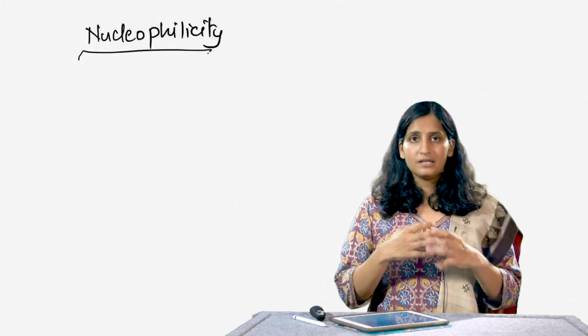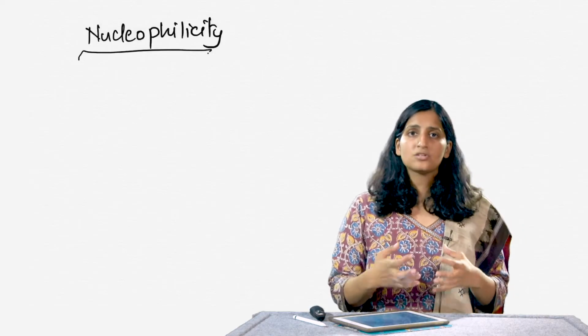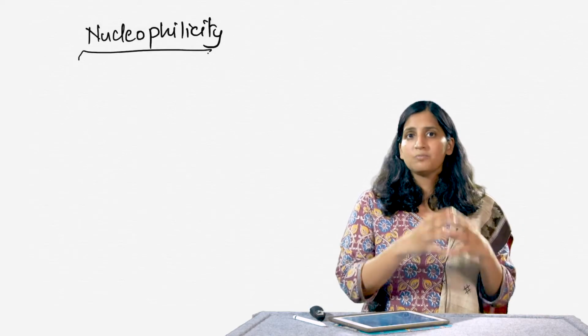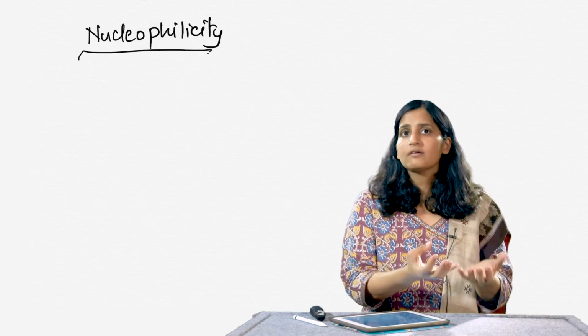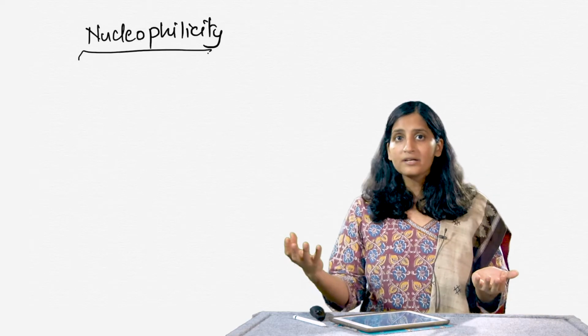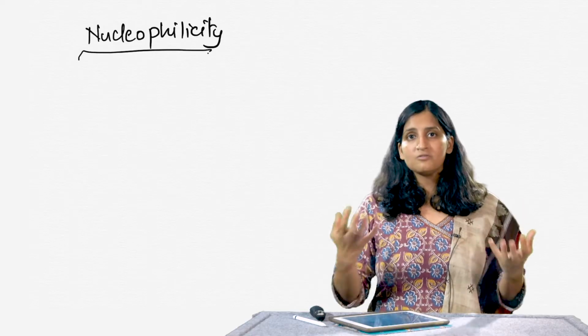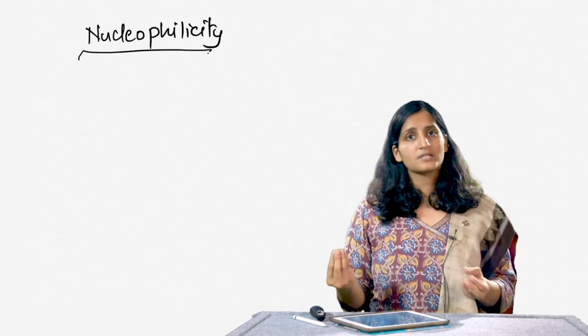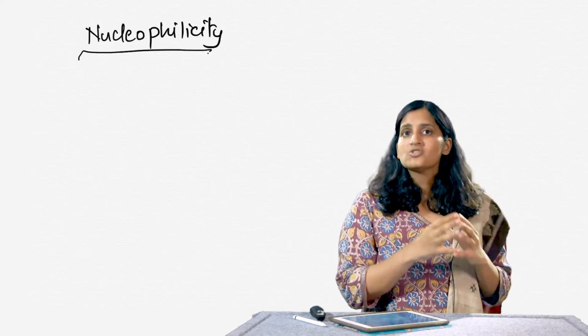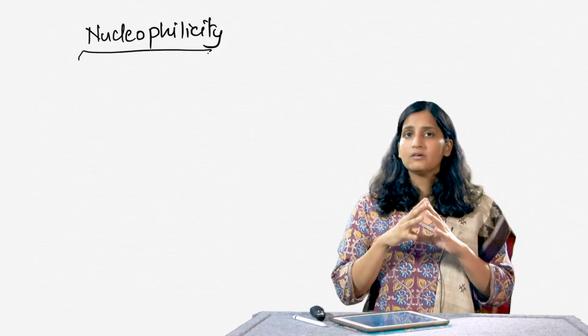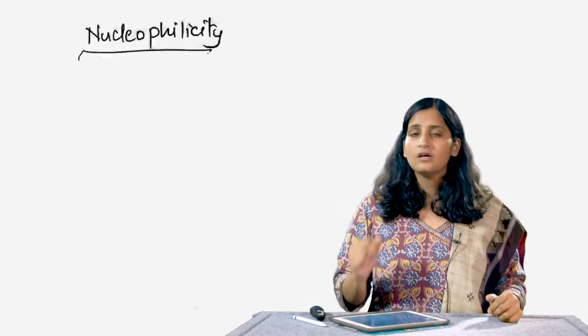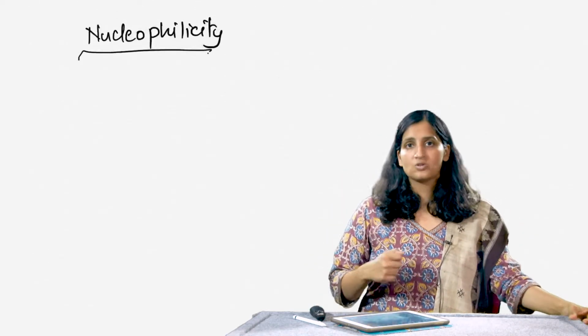Because in the case of SN1 and SN2 reactions, our reactants are polar, our products are polar. Because we follow the principle of like dissolves like, we need a solvent that is also polar. So, we are not going to be talking about non-polar solvents. SN1 and SN2, both of these reactions will require polar solvents.